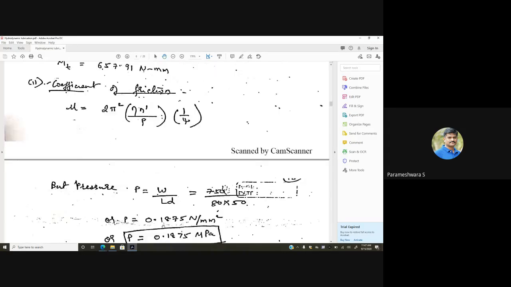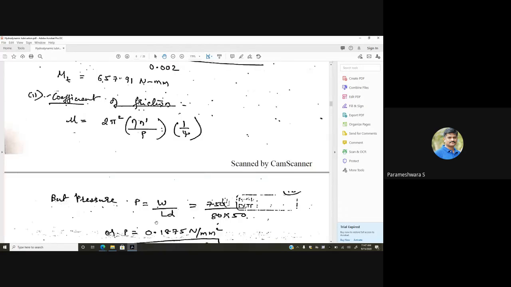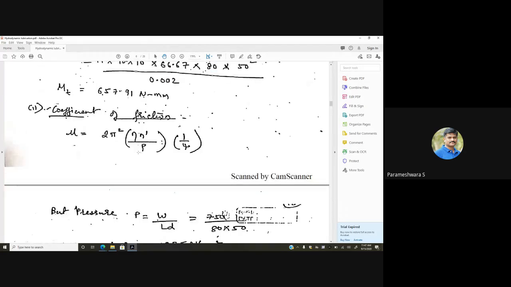So pressure is 0.1875 megapascal, that is Newton per mm square. So calculate the coefficient of friction. Substitute all these values into the formula and calculate mu.